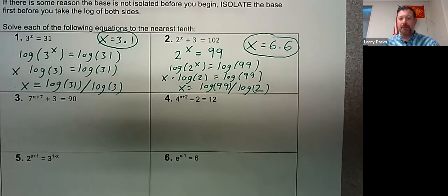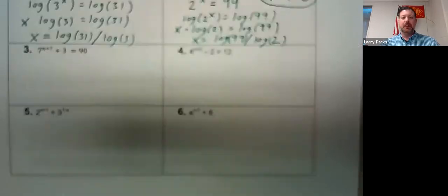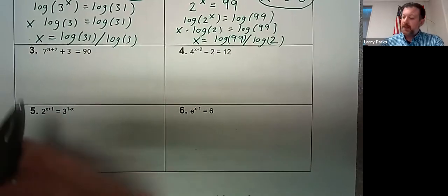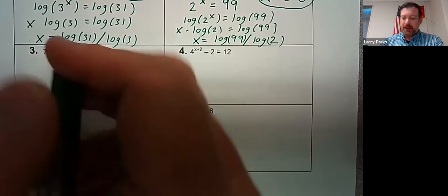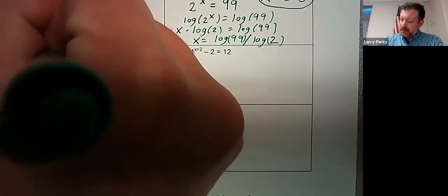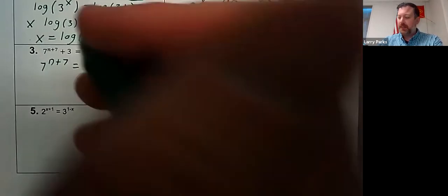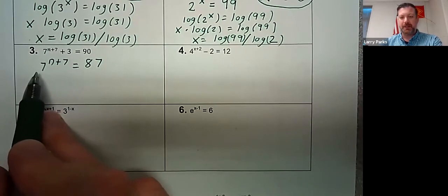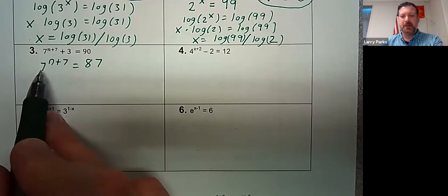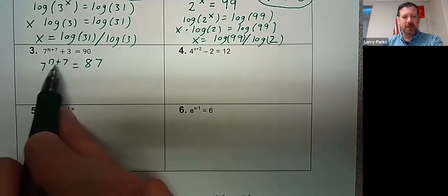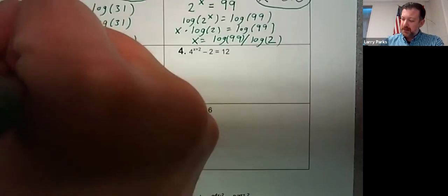All right. Number 3, I would subtract 3 from both sides. 90 minus 3 is 87. There's no way to write 87 as a base of 7. 7 is prime. That's as low as 7 could go. I take the log of both sides. I'm going to do both steps in one. So when I take the log, I'm going to go ahead and move the n plus 7 down.